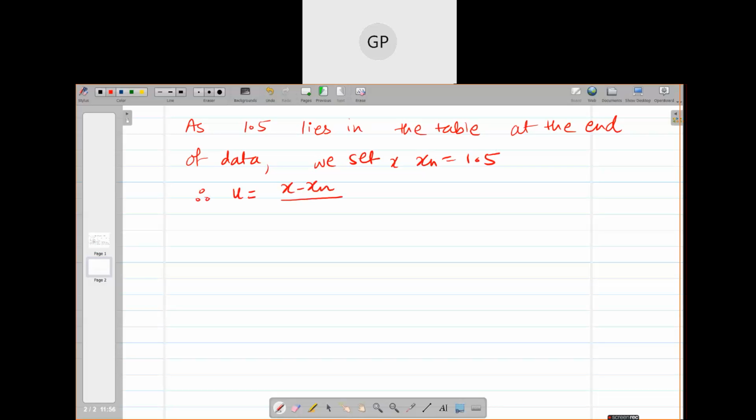We said x is equal to xn. So (1.5 minus 1.5) upon 0.5 is equal to 0. Are you getting it? We are setting x equal to xn equal to 1.5. So both are equal and therefore the u value becomes 0.